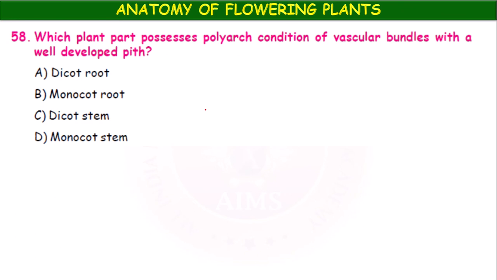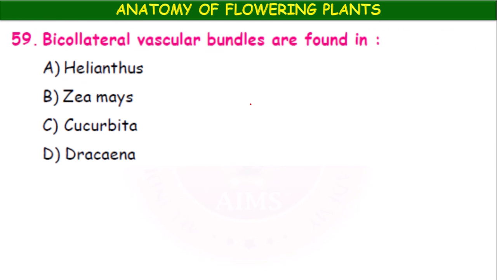Which plant part possesses polyarch condition of vascular bundles with a well developed pith? Dicot root, dicot stem, monocot stem. It is monocot root, polyarch. Xylem is more. Bicollateral vascular bundles are found in: Helianthus means sunflower, Zea mays means maize, Cucurbita means cucumber, Dracaena.